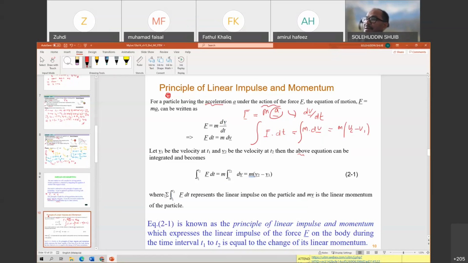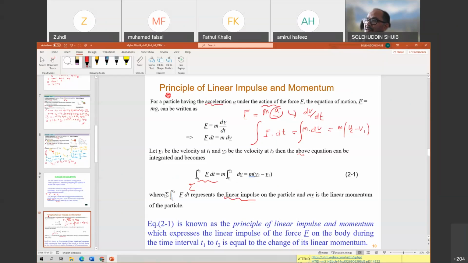The summation of this one, the integral of F dt from t1 to t2, represents the linear impulse on the particle.